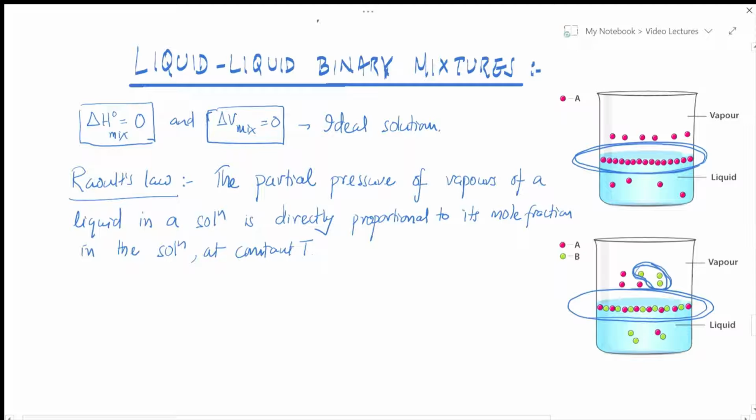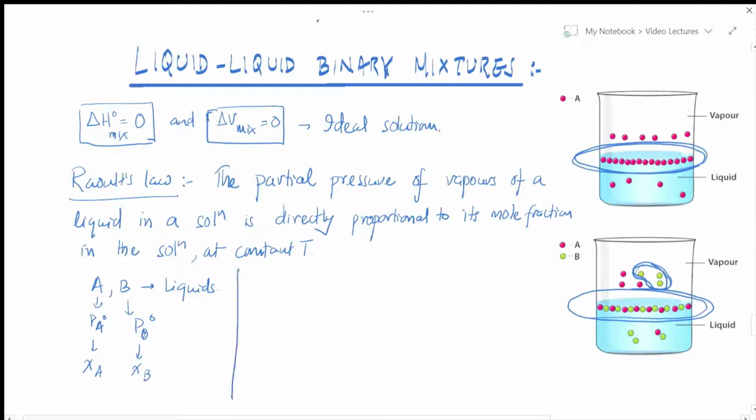So let's say we have the two liquids A and B with vapor pressures of PA0 and PB0, and mole fractions of xi A and xi B for the two liquids.